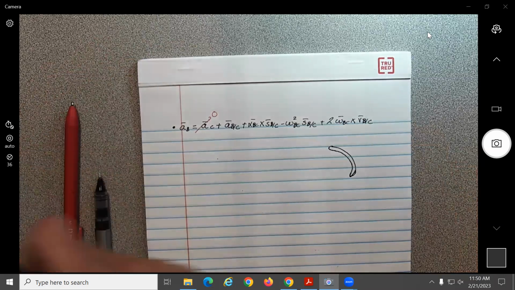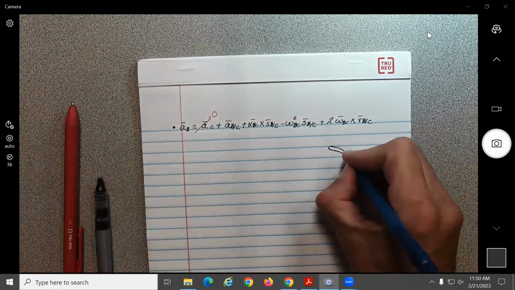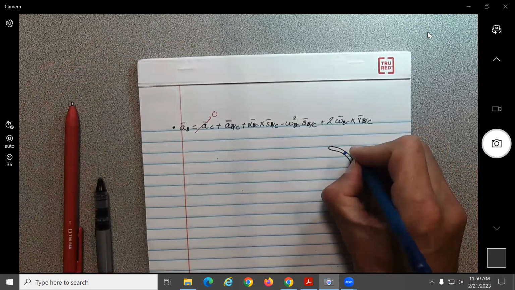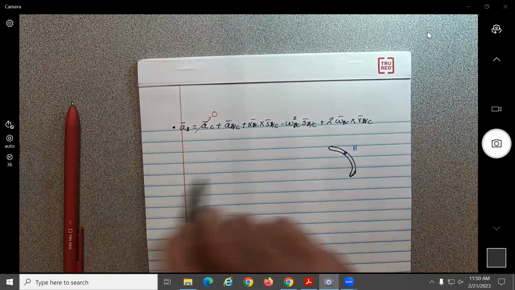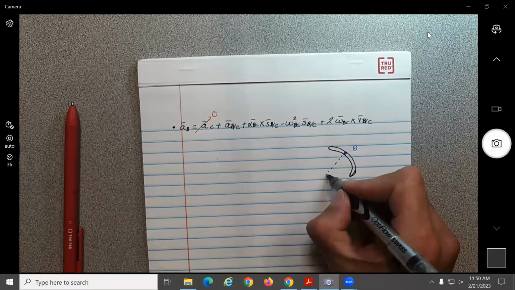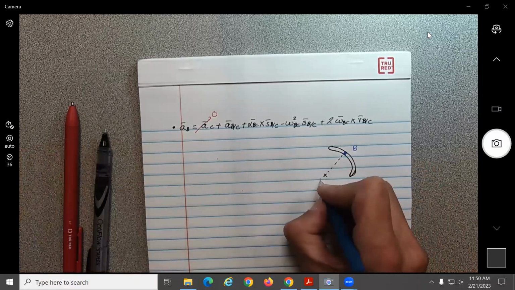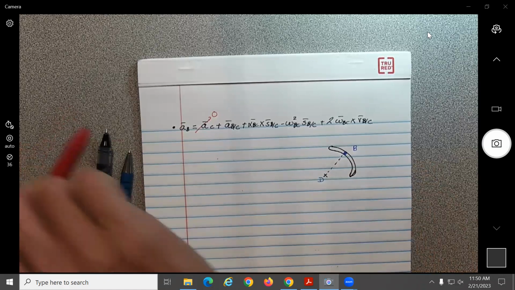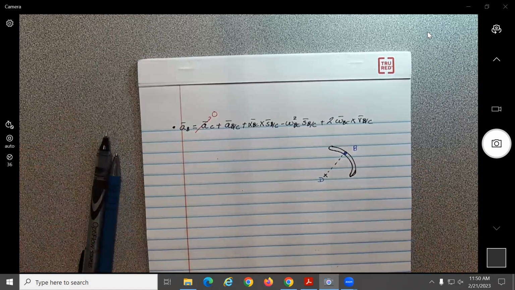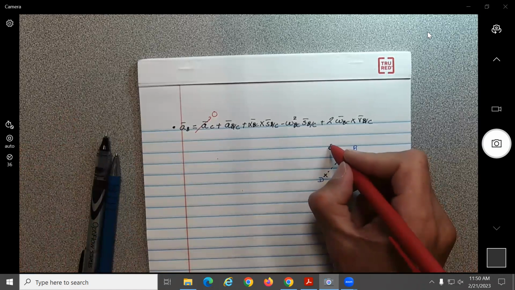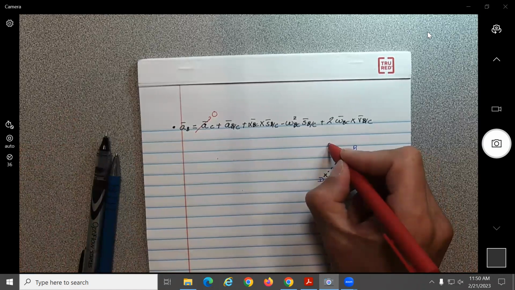This is our point B over here. This will be our point D. Okay, so now what do we know about the acceleration? Correct, we're going to have 2 components.